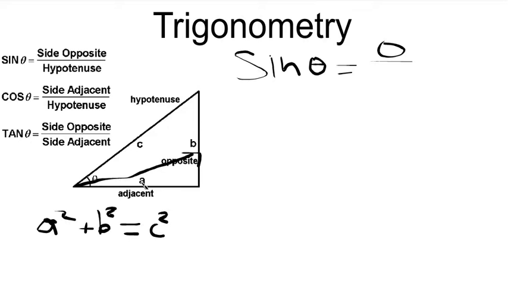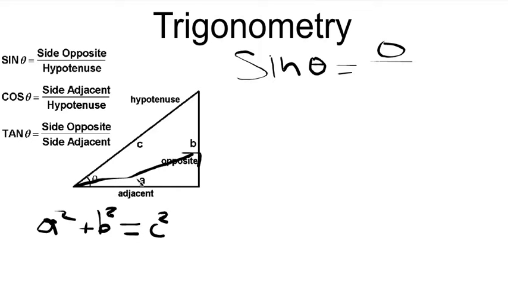What are the sides? Well, right here they are labeled. A is adjacent, B is opposite, which we've just seen, and H would stand for the hypotenuse, the longest side, or C in this case. We're just labeling them differently because it's not this example.